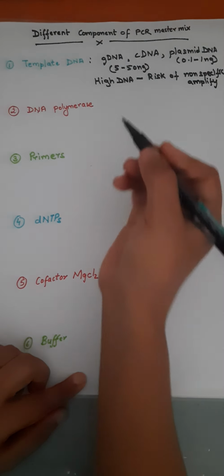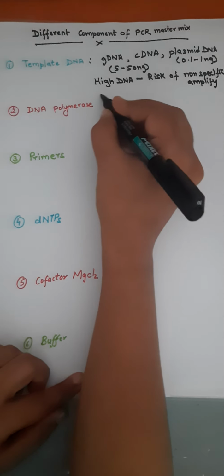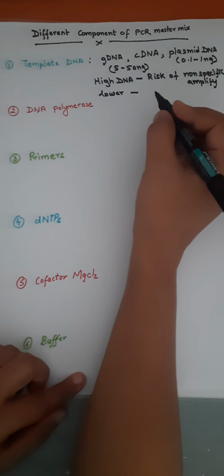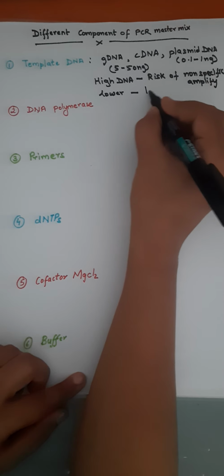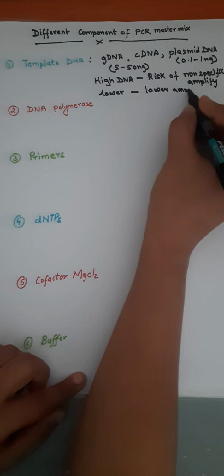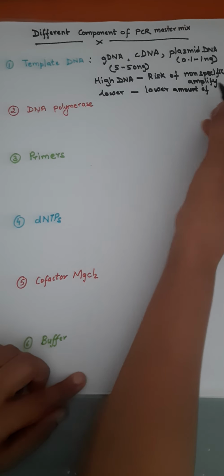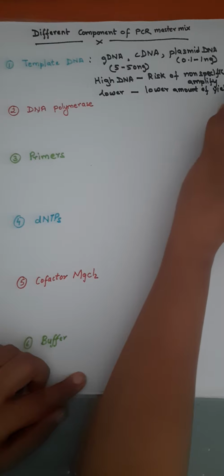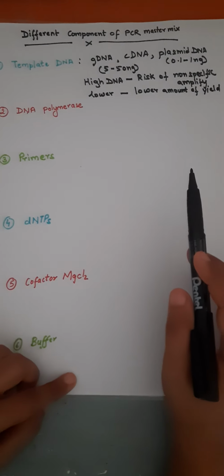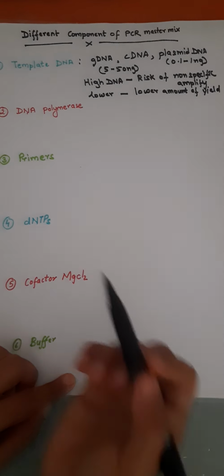And second, if there is a lower amount of DNA, finally we will get a lower amount of final yield. So it is very important to play with the template DNA concentration to get successful amplification.